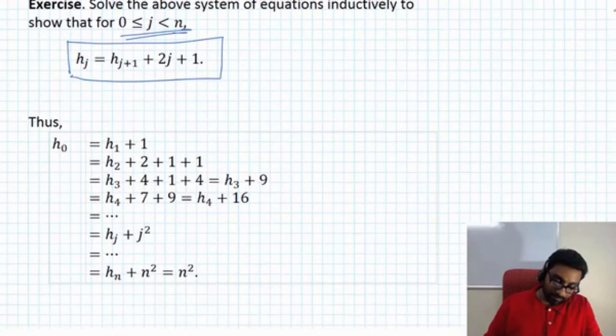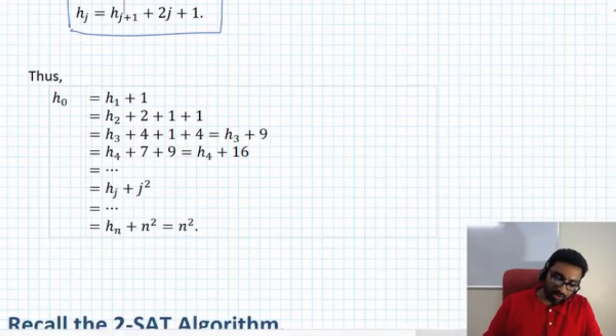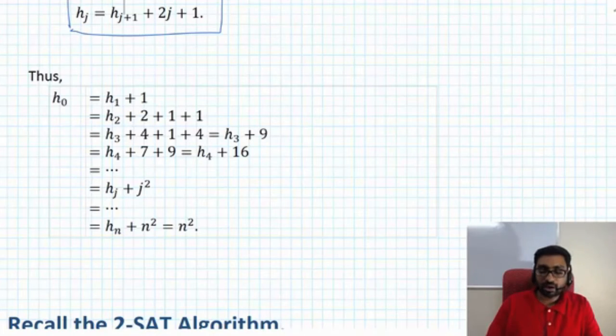And applying the base case, we can actually work out the expected number of steps that the drunkard will take to reach state n, having started at state 0. That's our h0. Well, we know that h0 equals h1 plus 1.